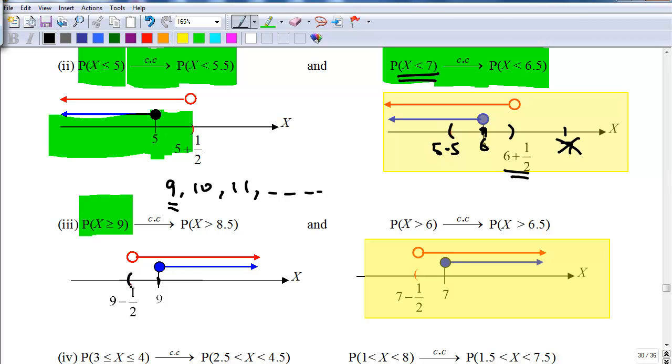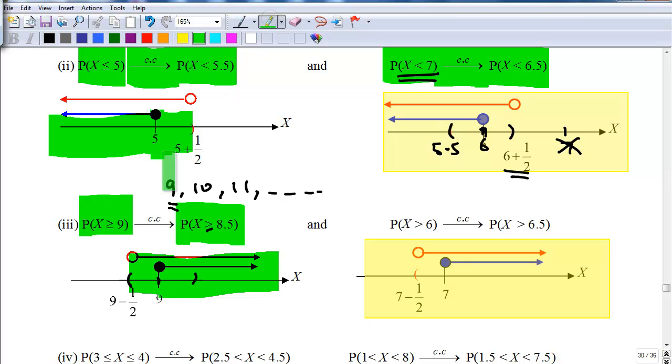It will be every number from 8.5 to 9.5. But I'm interested in all numbers bigger than or equal to 9, so I must include 8.5 onwards. So I will have probability x bigger than or equal to 8.5, and remember again to put the arrow and the CC.